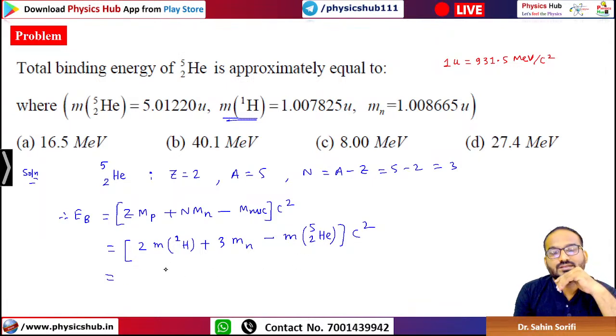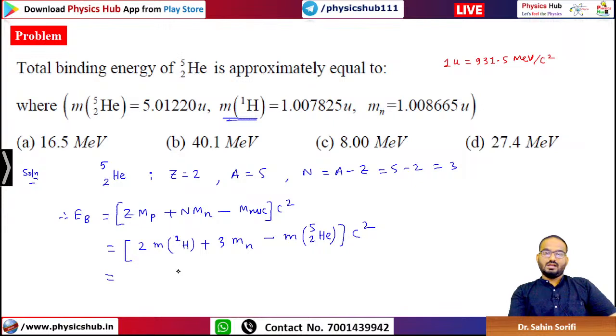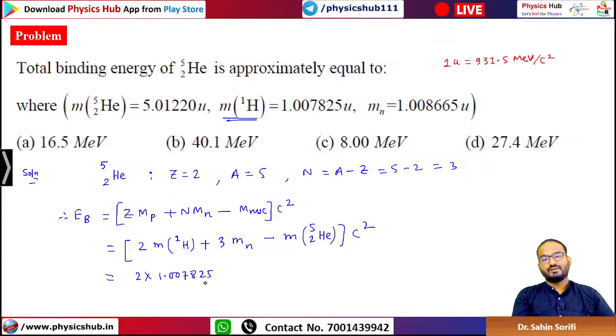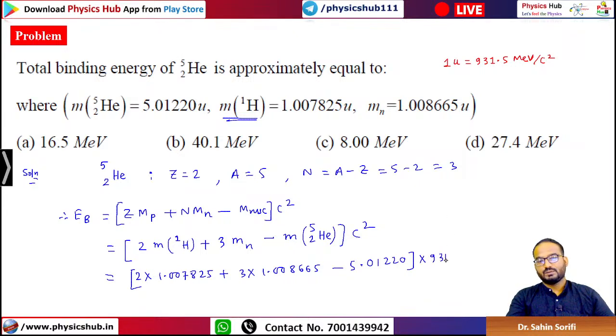Now you see the masses are given in terms of U. So 2 into 1.007825 U, let's take U common, plus 3 times 1.008665 minus 5.01220, into 931.5 MeV per c square, and c square gets cancelled, so it is only MeV.